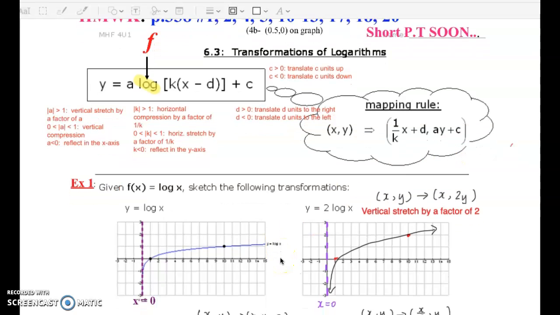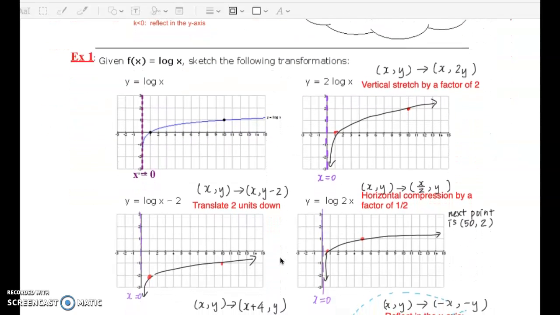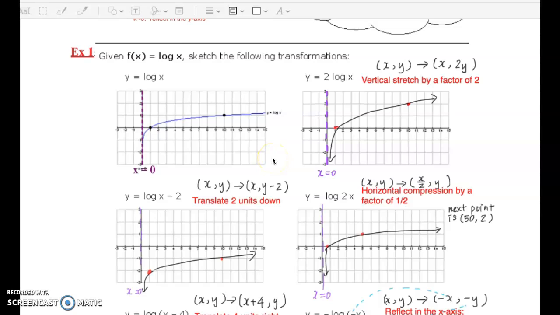So let's apply transformations to the graph of y equals log x. Well, I know that the graph of log x is base 10. So the key points that I can use can include log of 1, which is 0, and then log of 10, which will be 1, right?